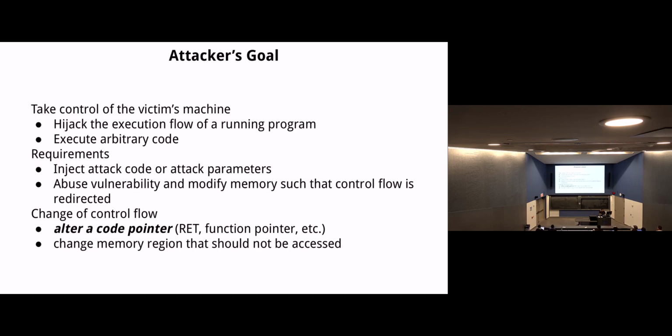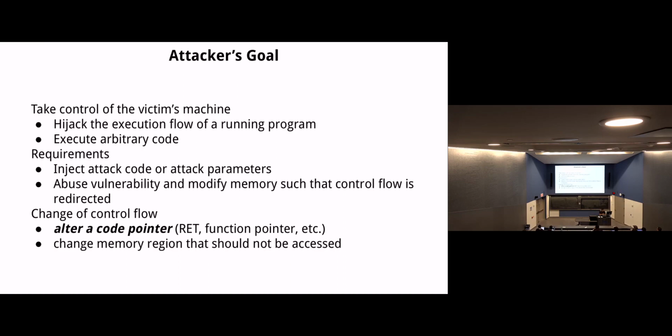When we say fully control, we mean the attacker can run arbitrary code on that victim's computer. In some cases, the attacker doesn't really need to run arbitrary code. They probably want to steal some specific file, but let's assume they just want to run arbitrary code here.